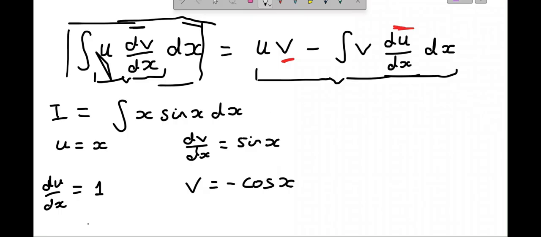Okay, so now plug in all these values into the formula. We get that the integral evaluates to u times v, so that is x times minus cosine x. So that is minus x cosine x.